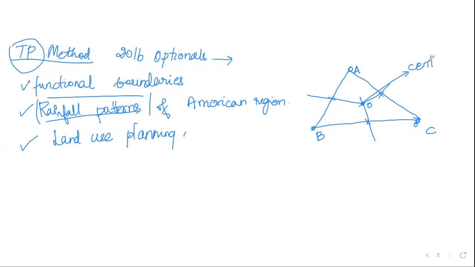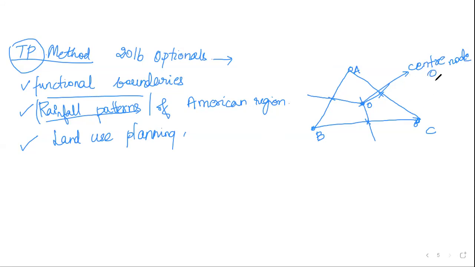First of all, whatever nodes I have to study, I plot on a map. So I plotted A, B, and C. I connect those three nodes: A to B, B to C, and C to A. I take the midpoints of these three lines, and I extrapolate these three bisectors. I get an intersection point of these three lines, which I call the center node O.